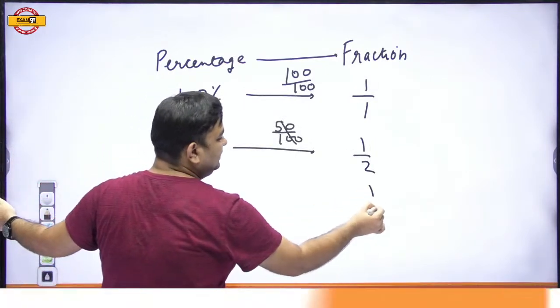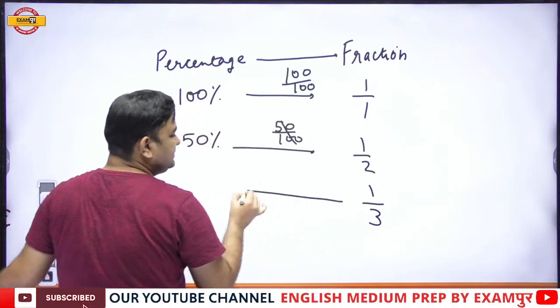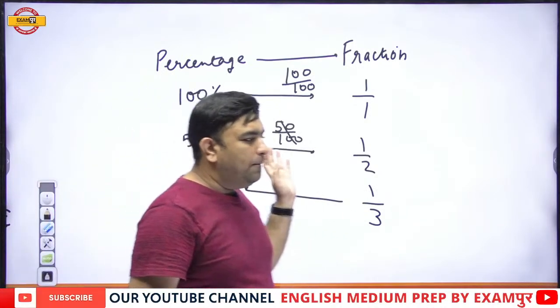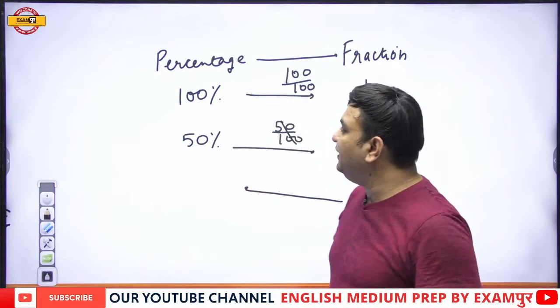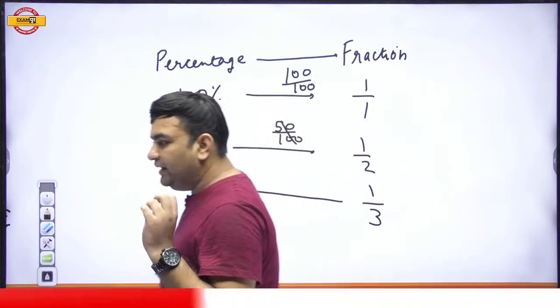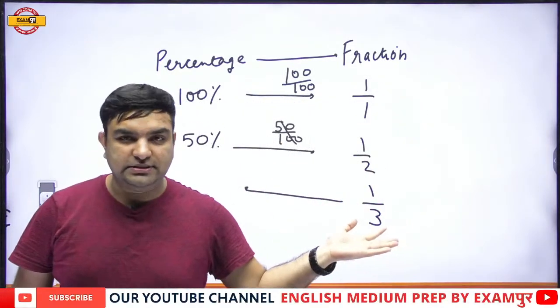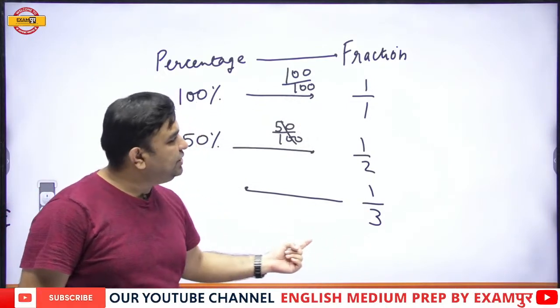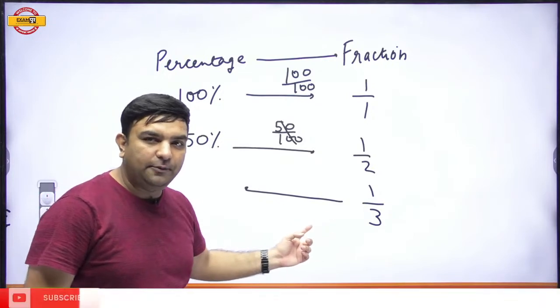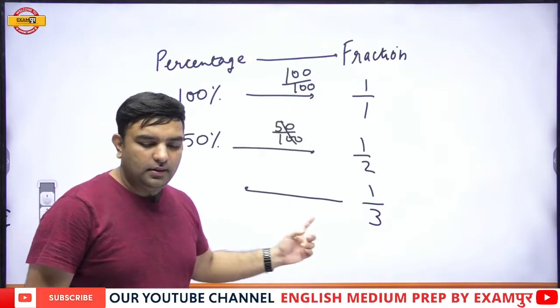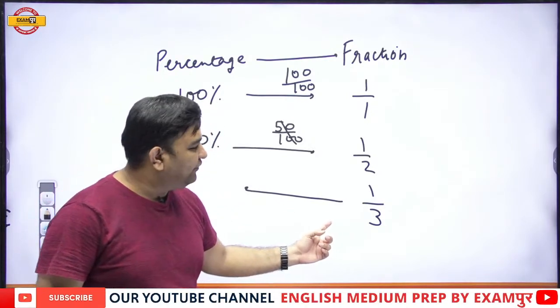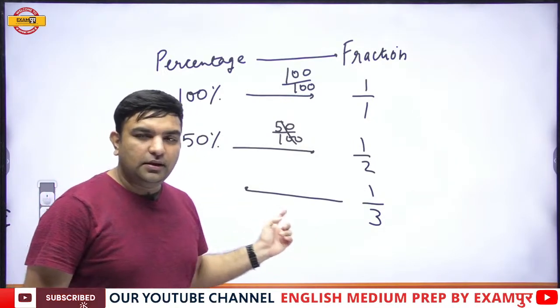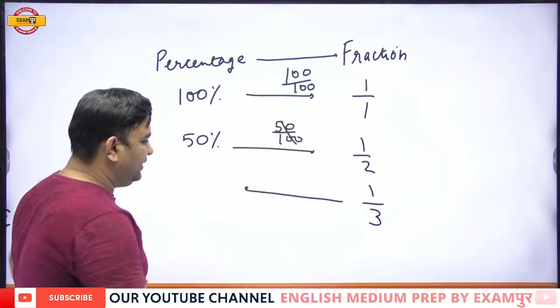Now, what about 1 by 3? Guys, if from percentage to fraction we were dividing by 100, then from fraction to percentage, it is the inverse. We can get it by multiplying by 100.